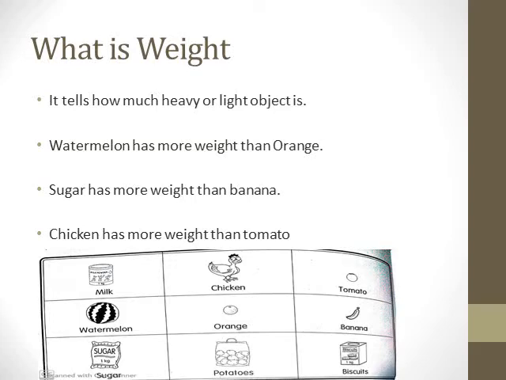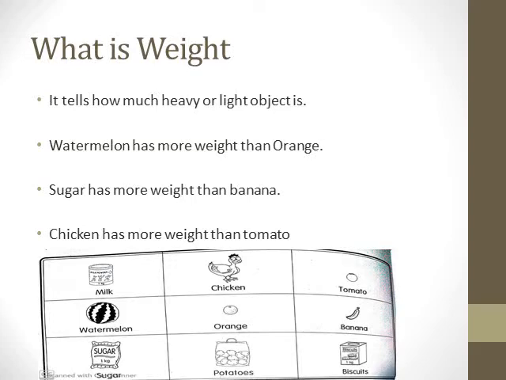That is why watermelon is heavier than orange. Or you can say sugar has more weight than banana. That's the reason that sugar looks heavier than banana. Or chicken has more weight than tomato. That is why we are saying chicken is heavier than tomato.